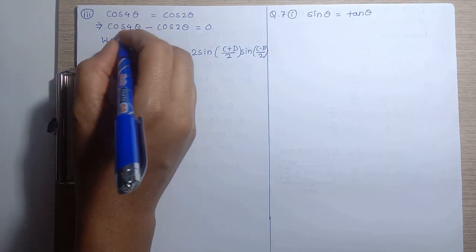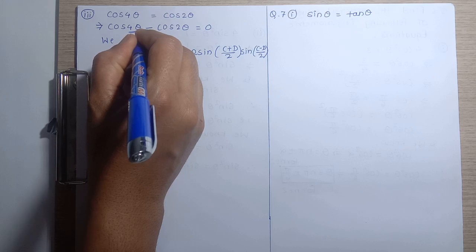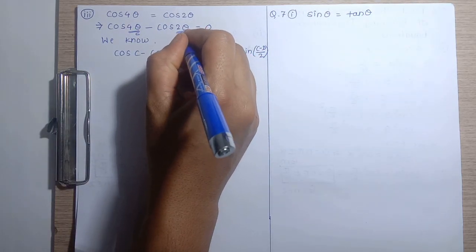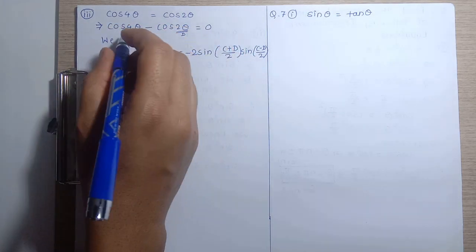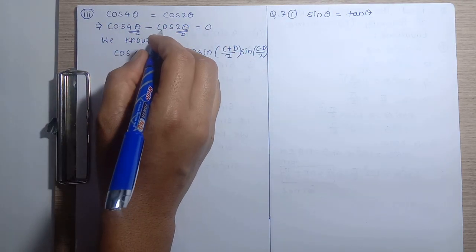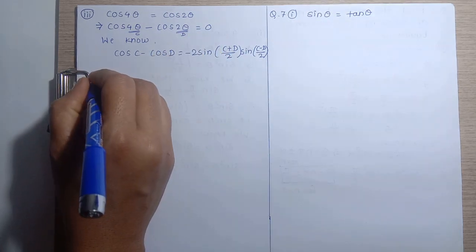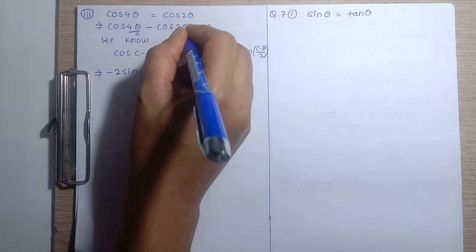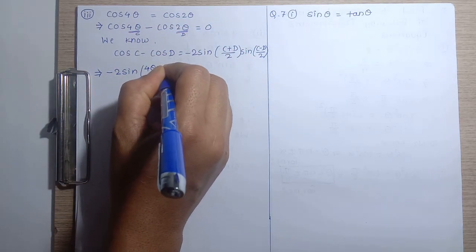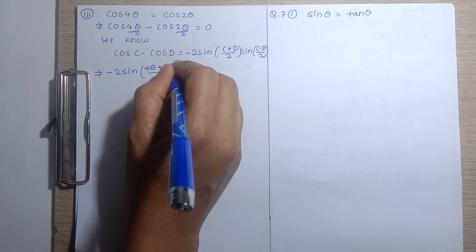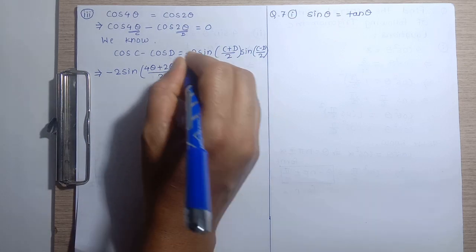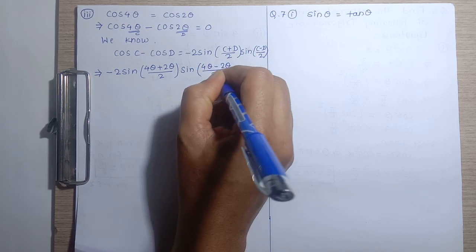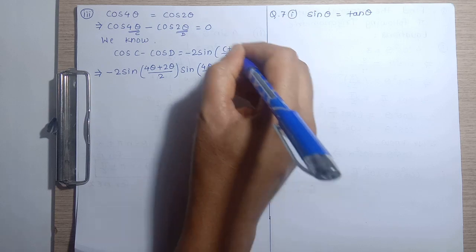We use this formula, in that 4 theta is equal to C, and we consider that 2 theta is equal to D. Therefore, cos of 4 theta minus cos of 2 theta gives minus 2 sin of (C plus D), that is (4 theta plus 2 theta) divided by 2, into sine of (C minus D), that is (4 theta minus 2 theta) divided by 2, is equal to 0.